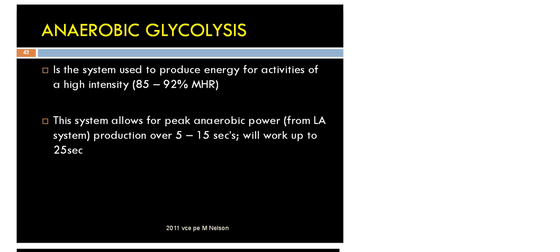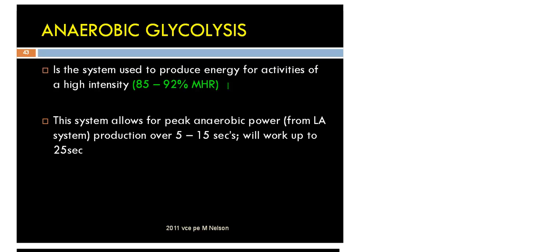When we look at percent max heart rate to try and determine predominant energy systems, here we're looking at the anaerobic glycolysis system being predominant when we're working at 85 to 92% max heart rate.